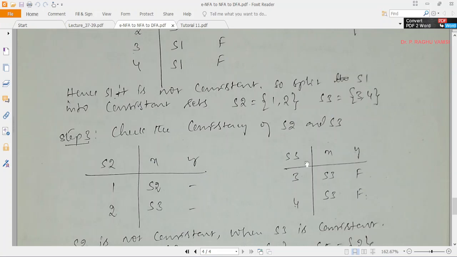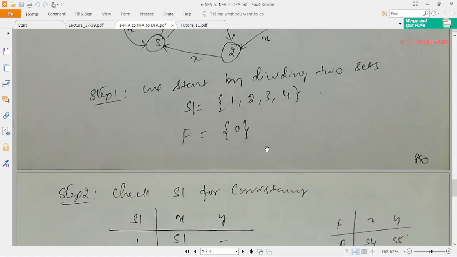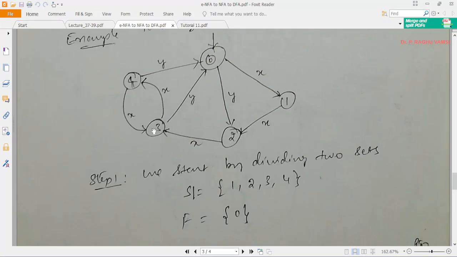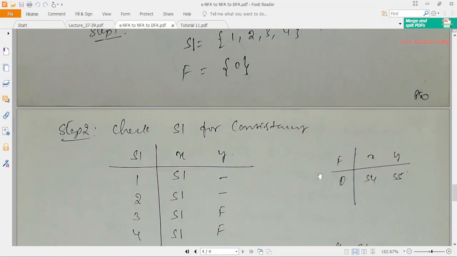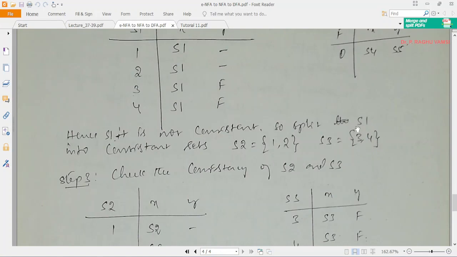Now consider the other unmarked set, which is S3. Under S3, 3 and 4 are the states. 3 on X is going to 4. 4 is the state available in the set S3, so make it S3.